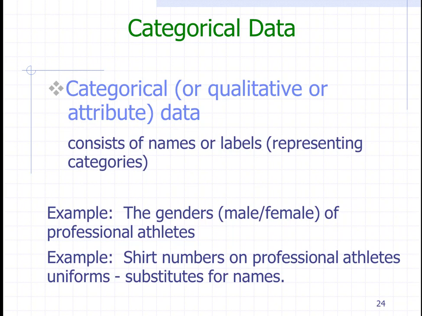Those would all be categorical. Whether you drive an SUV, a pickup, a full-size car, a mid-size car, a compact car, a subcompact car. Those would be categories. Now, we need to be careful because sometimes numbers substitute for names. For example, on a sports team, the numbers on the jerseys substitute for the names.